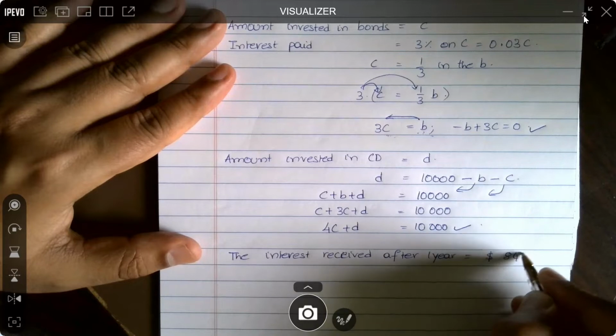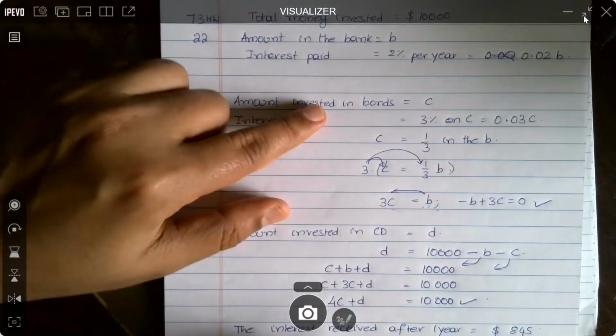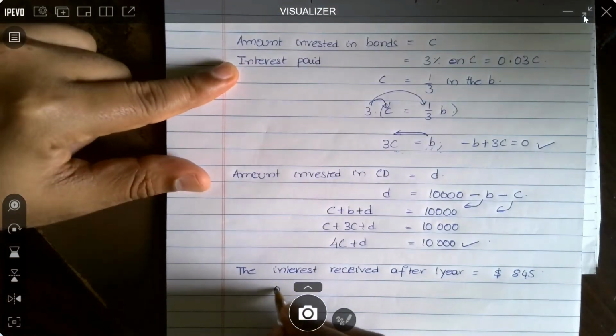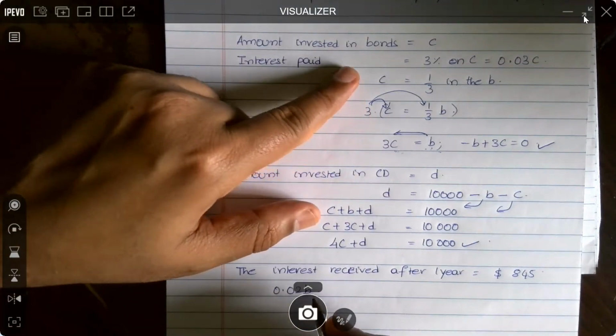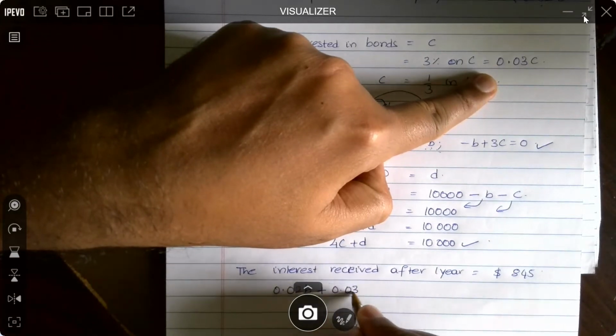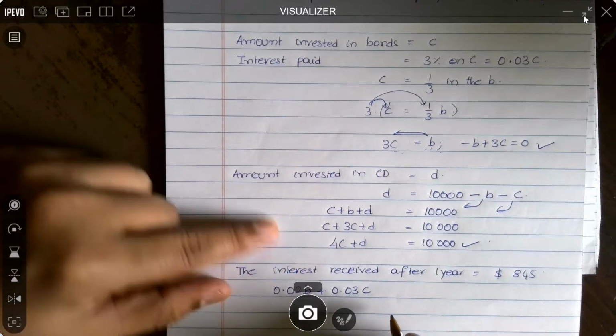The interest received on the bank is 0.02b, the interest received from the bonds is 0.03c, plus the interest received on the CDs.